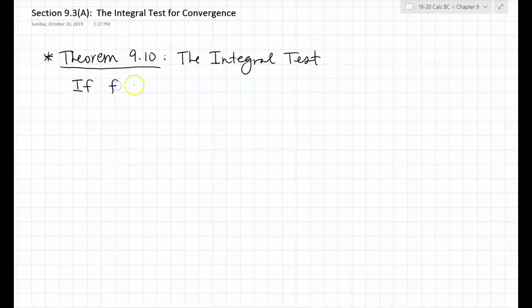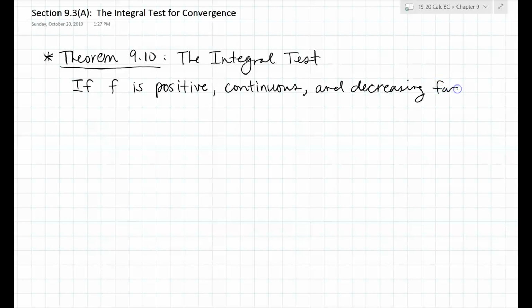So it says if f is positive, continuous, and decreasing for all x greater than or equal to 1, then if a sub n is the same as f of n.